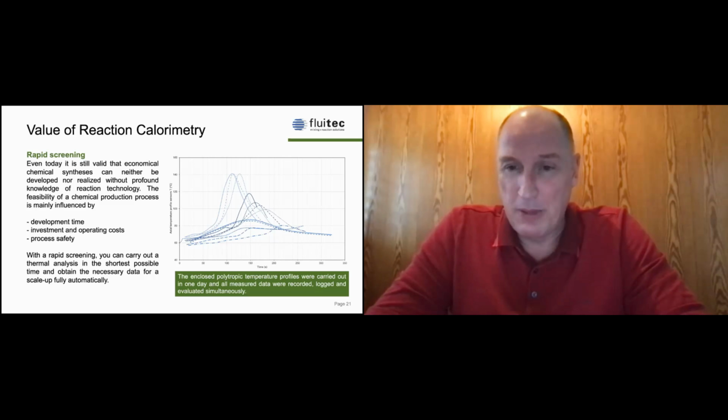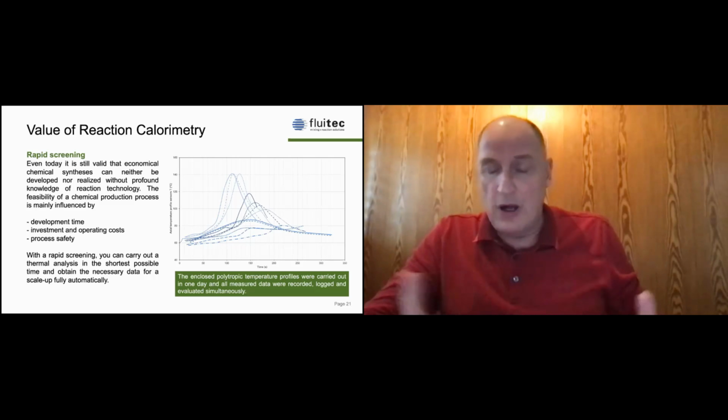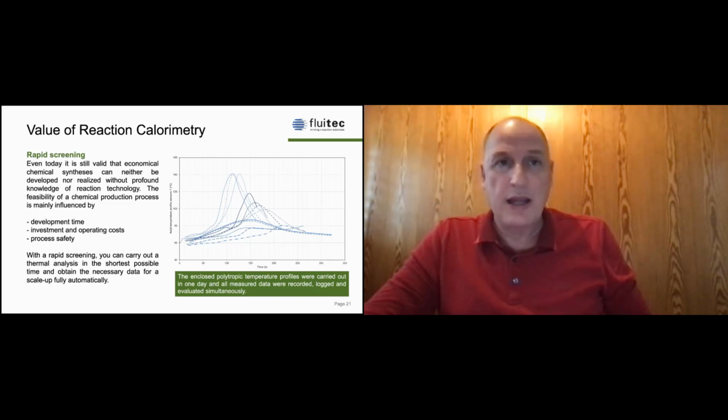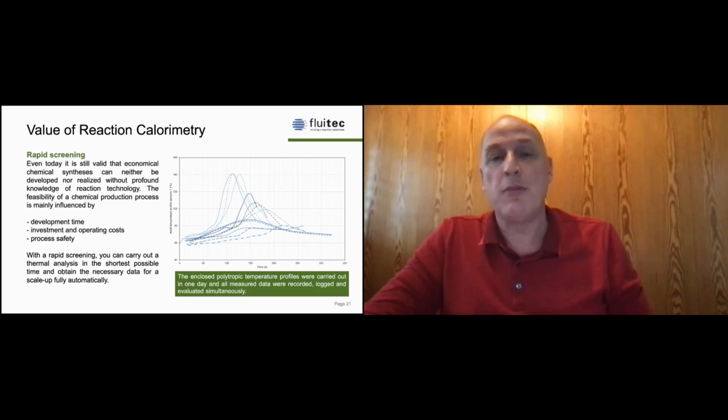So if you do such an analysis in one morning, you will be able to get all the information based on safety and on the scale up. How does that work? The fully automatic reaction calorimeter is running fully automatically. You have a computer, you run the system with a certain flow, and if you see, okay, I have a stable flow, you just press the button on the computer, and the computer will immediately store all the information with the analysis.